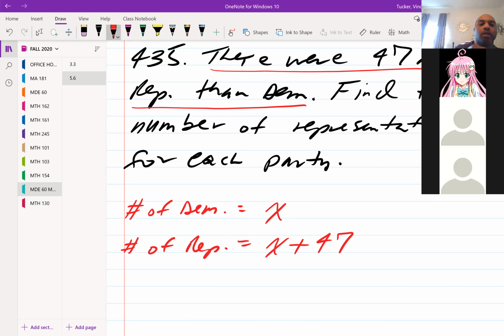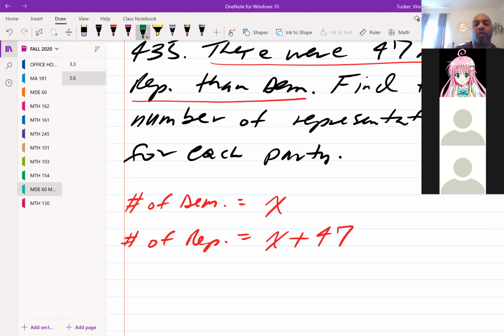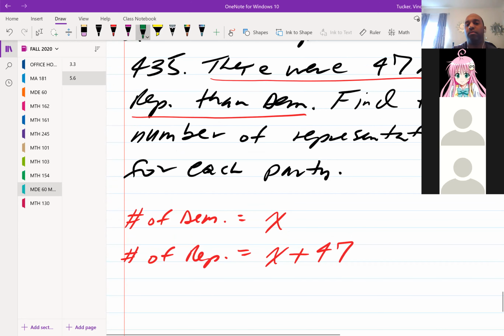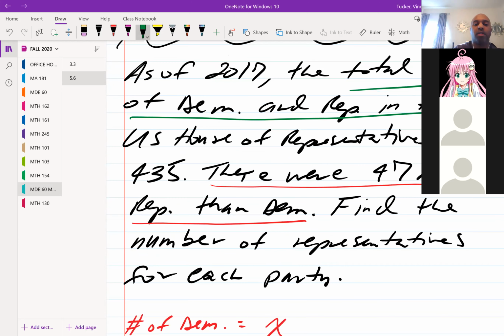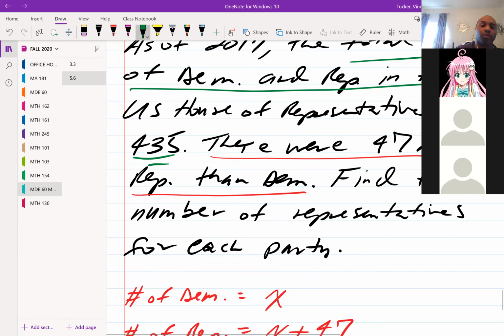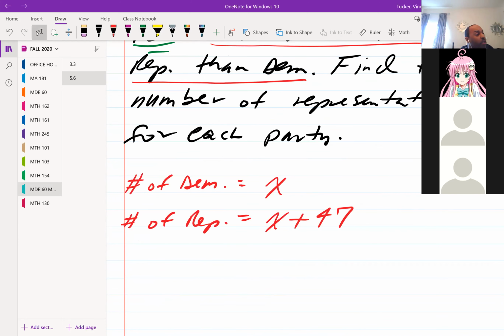All right. So now, writing an equation, the total number of Democrats and Republicans is 435. So in other words, when I add my Democrats and Republicans together, I get 435.